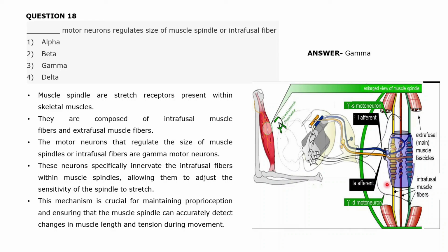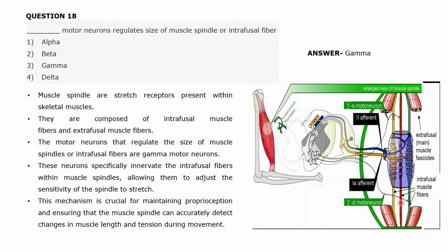So this is present within the muscle spindle, right? In order for the muscle spindle to stretch, this particular muscle fiber should also stretch. So these gamma neurons that are connected to the intrafusal muscle fibers send out a signal saying that you need to contract, because the muscle spindle needs to stretch itself.